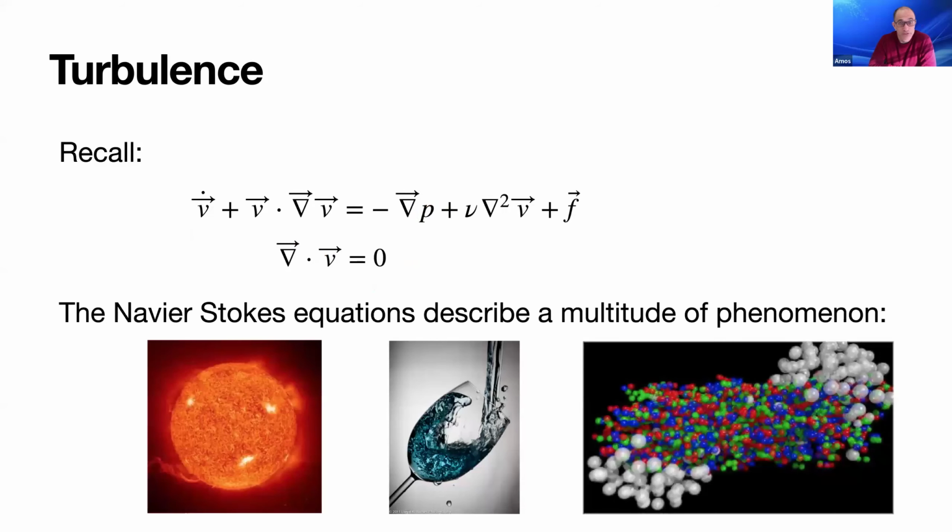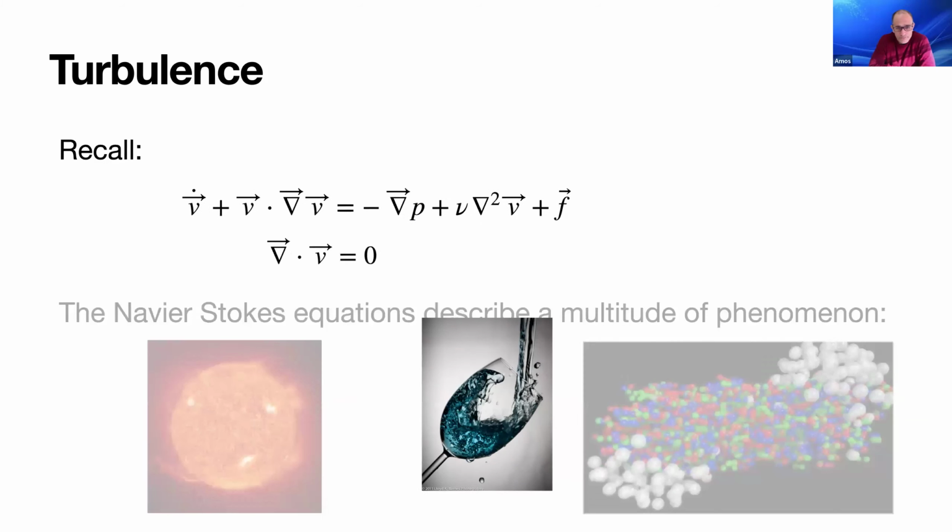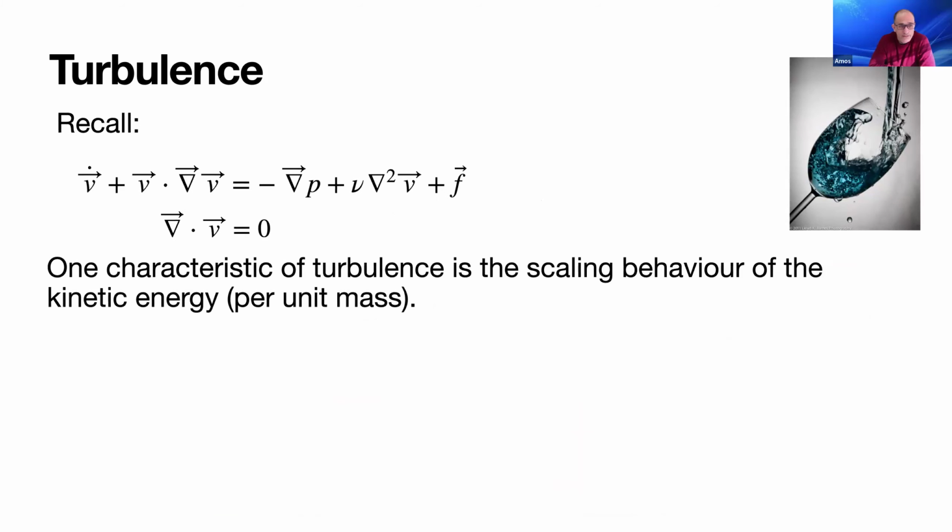Now, this simple-looking set of equations describes many phenomena on very different scales. And a lot can be said about this set of equations, but what I want to talk about today is turbulence, and by that I just mean macroscopic turbulence that I think you're familiar with. One characteristic of turbulence is the Kolmogorov scaling of the kinetic energy.